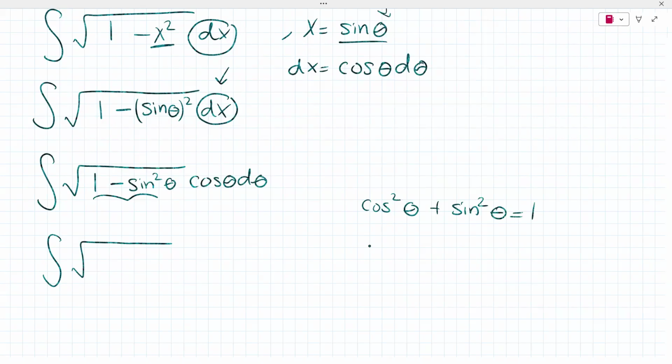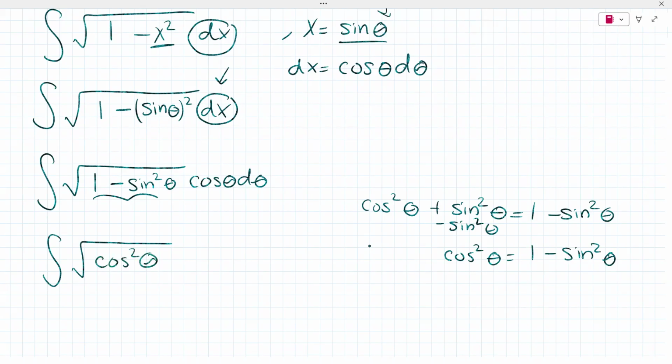Now I may replace 1 minus sine squared theta with cosine squared theta, times cosine theta d theta, right?